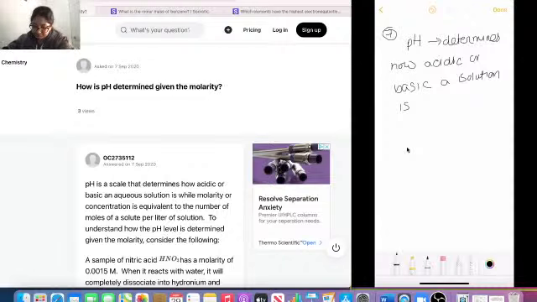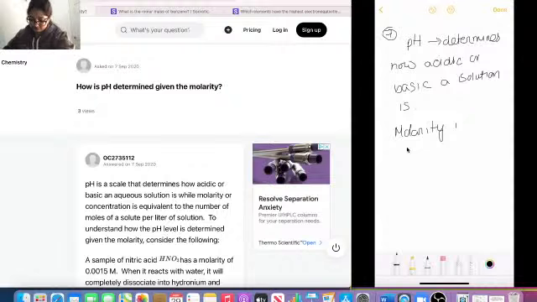And so you can see that pH has no units. Molarity, so yeah, it's basically the concentration.